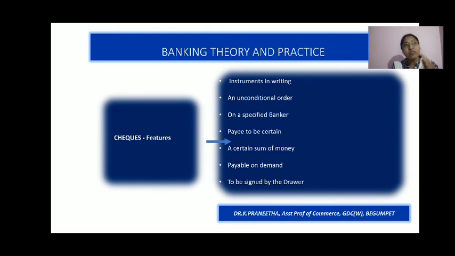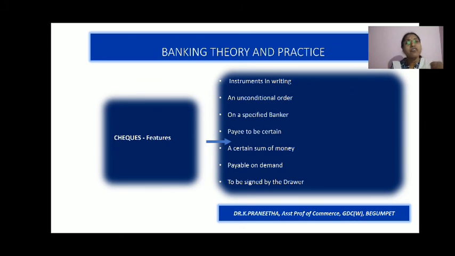There is no specific rule regarding the writing to be used on checks. It may be done by means of pencils, pens, or any other printed matter, but it should be in writing. The second one is an unconditional order. That means the check being issued should not be on request, and there should not be any condition kept for that particular check.